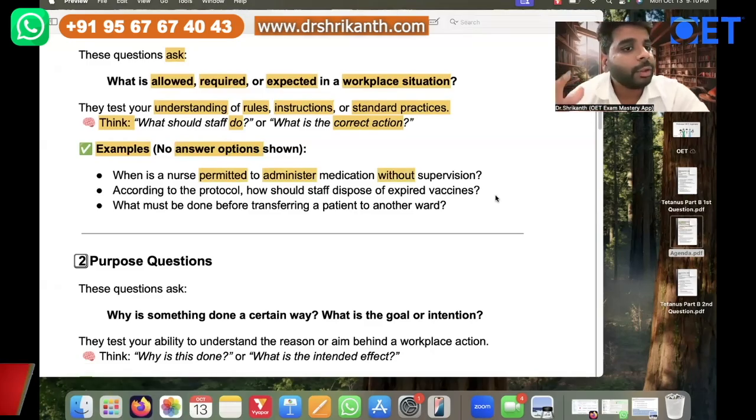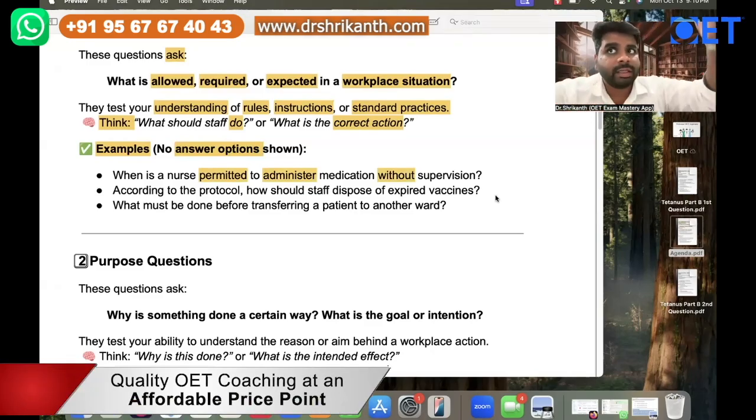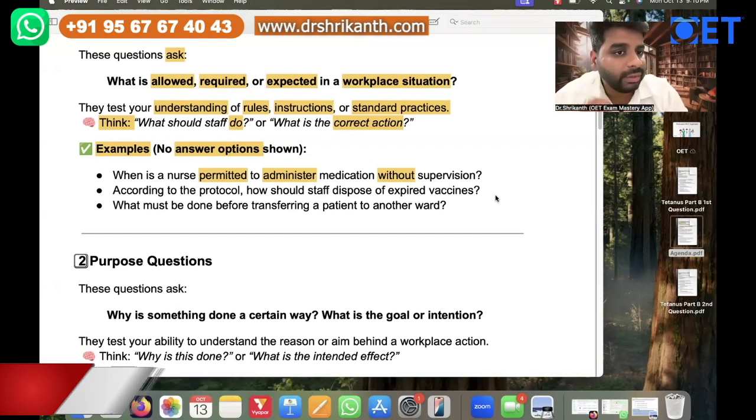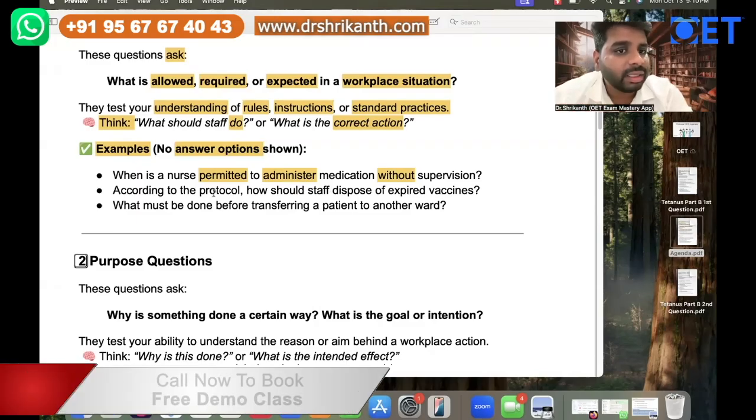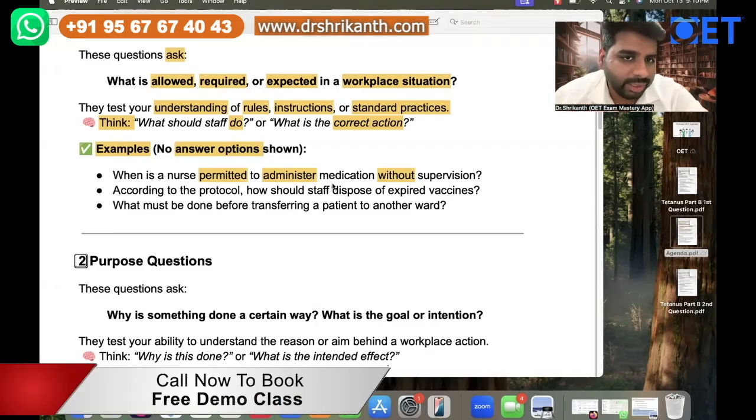The question is asking you, when there is no one observing the nurse, in which situation is the nurse allowed to administer medication?